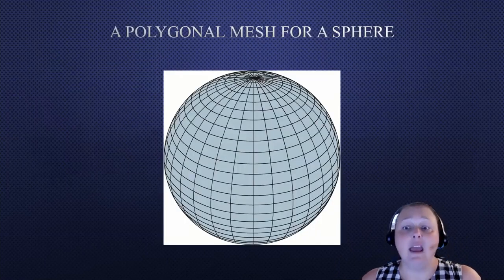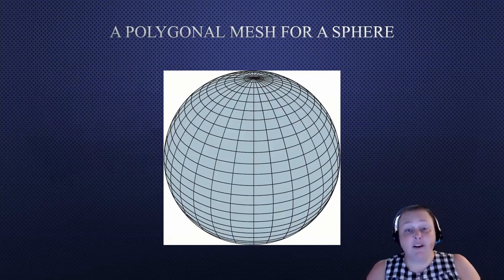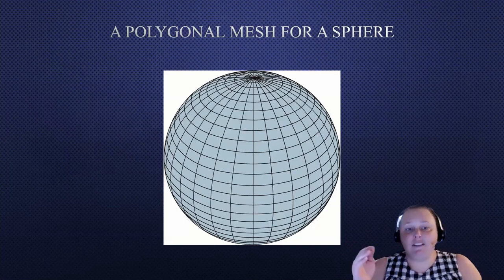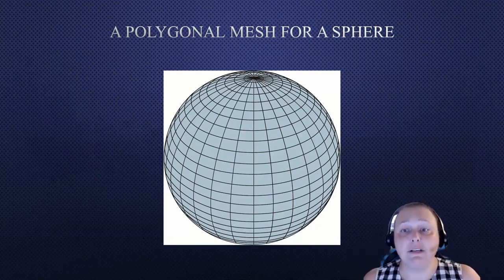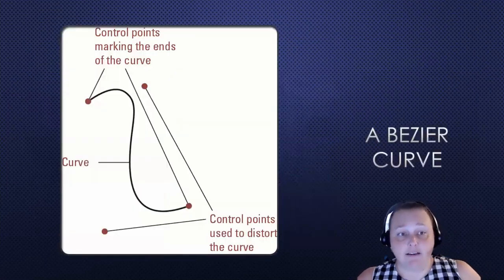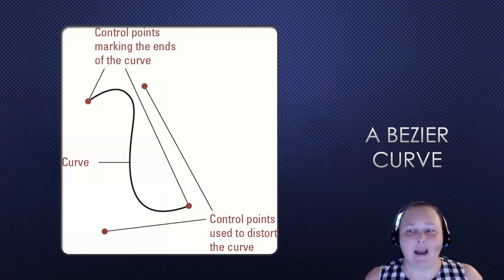For example, for a shape, this right here is a polygonal mesh for a sphere. You could see there's going to be points and lines, and it's going to give the representation of a shape. On the other hand, we can take that shape into existence by using things called Bezier curves.